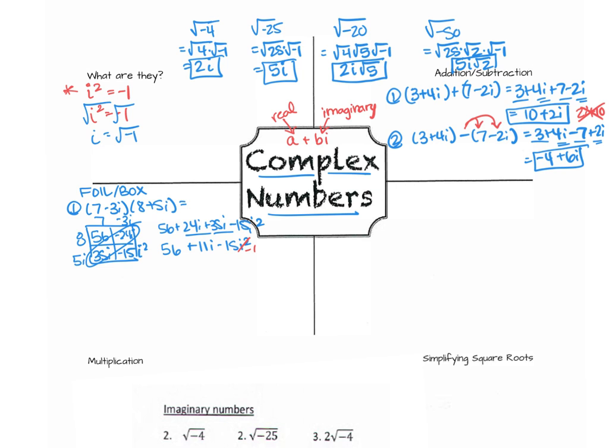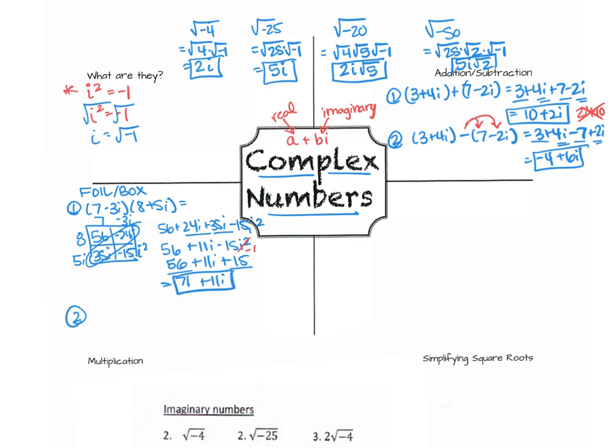We're always going to put a negative 1 anywhere I see an i squared. So negative 15 times i squared is really negative 15 times a negative 1, which is really a positive 15. So this is really 56 plus 11i plus 15. Now I'm going to combine my like terms, putting my real part at the front, and I get 71 plus 11i for my final answer.